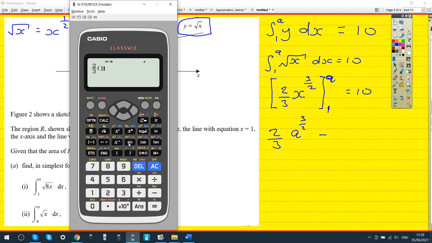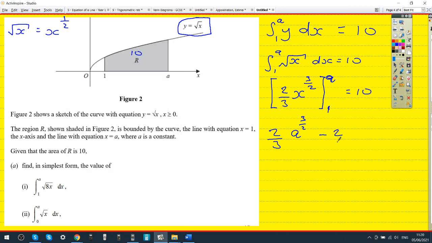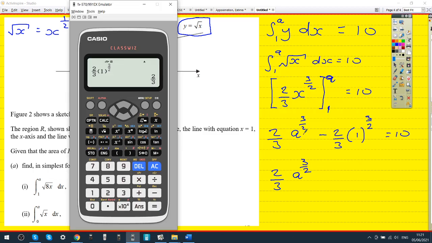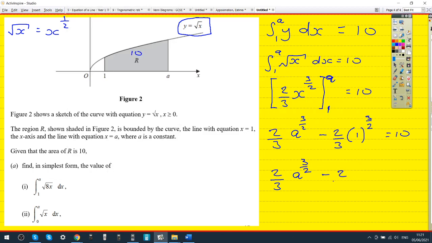But just put the whole thing in. And that gives you 2 over 3. Yep.